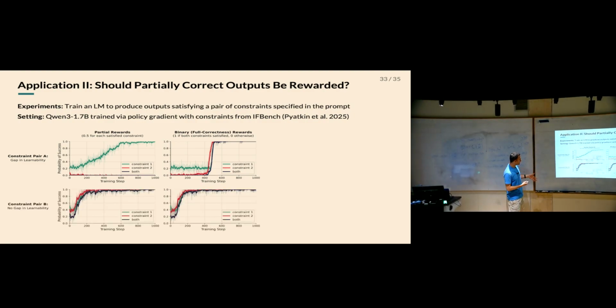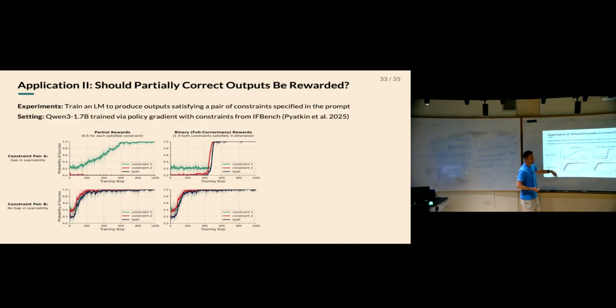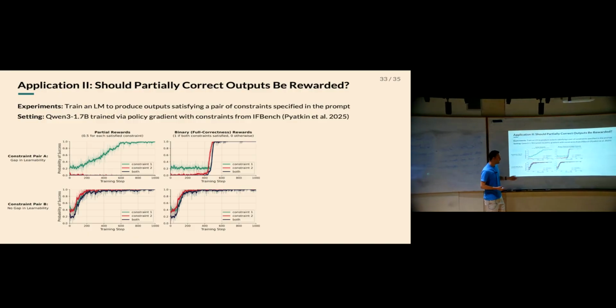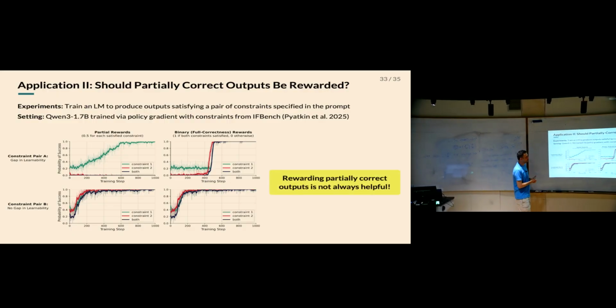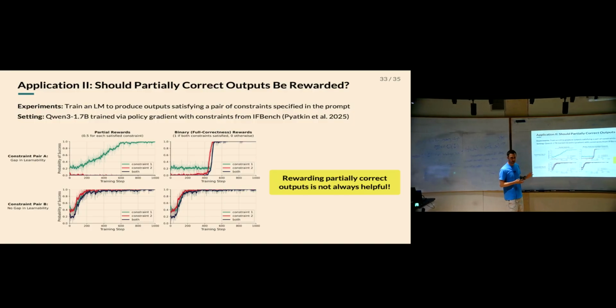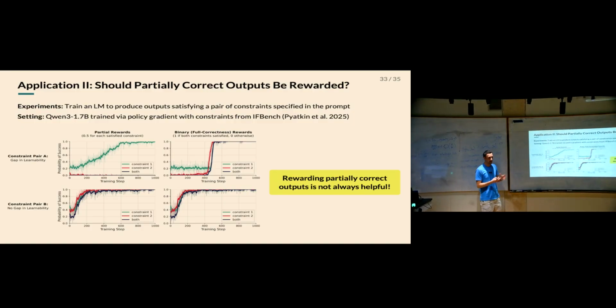And it's worth contrasting this with the other case where, if there's no big gap in the initial probability of these constraints, then both designs can work well. It's worth saying that there are cases where giving partial rewards can be helpful. I'm not saying that they're never helpful. It's just that perhaps in contrast to what people would believe, there are cases where rewarding partially correct outputs can be harmful. So it's not that we should always do this. It depends on the setting, on the language model, on the task at hand.